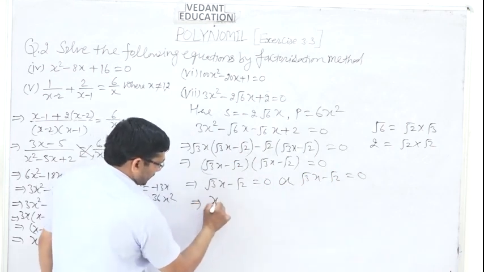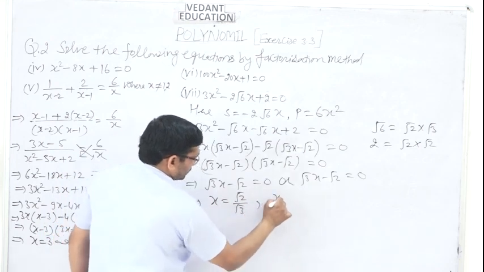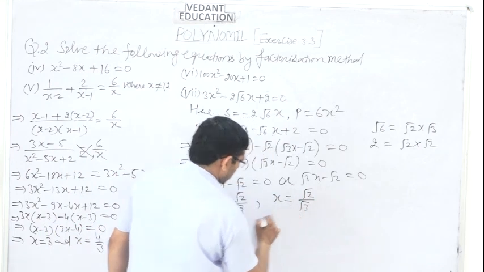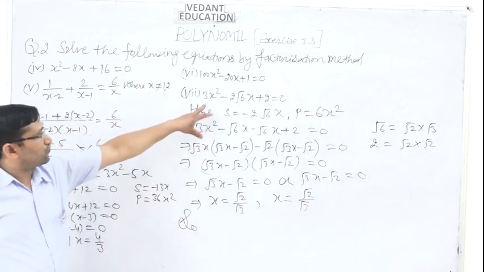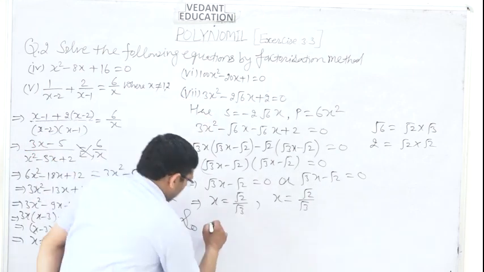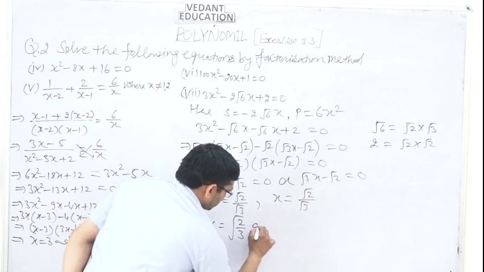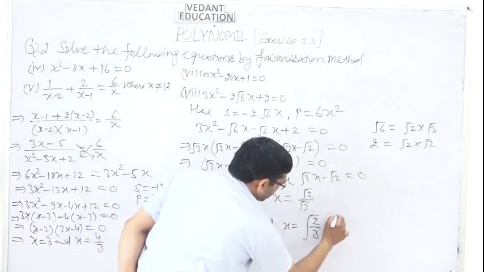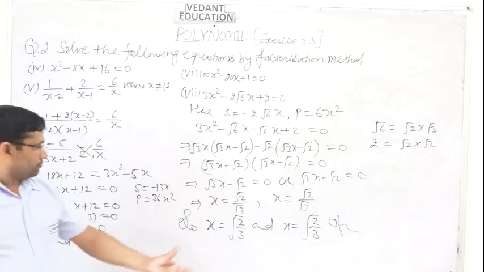For here x is equal to root 2 upon root 3, and similarly this x is equal to root 2 upon root 3. So the solutions of the quadratic equation are x is equal to square root of 2 upon 3 and x is equal to square root of 2 upon 3. Both solutions are same.